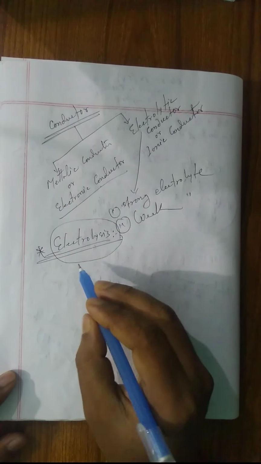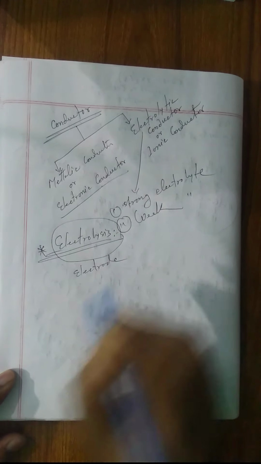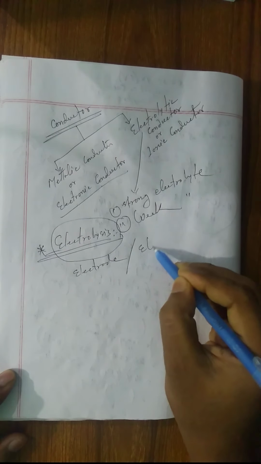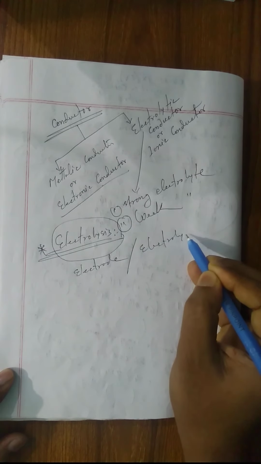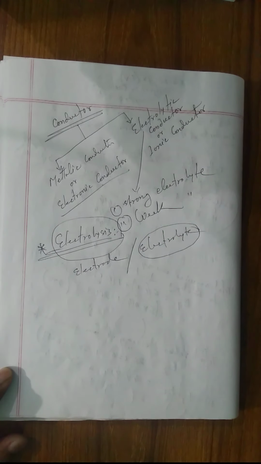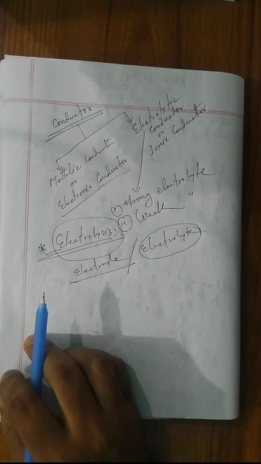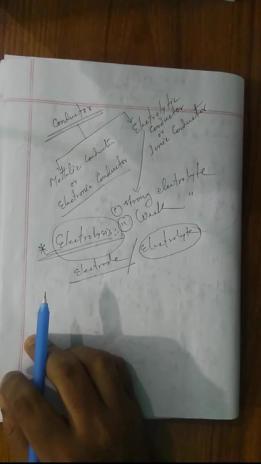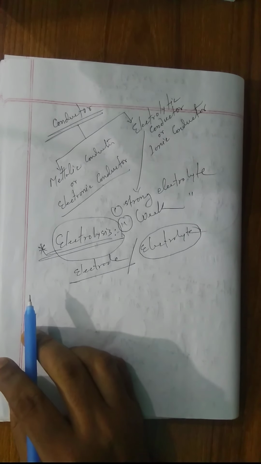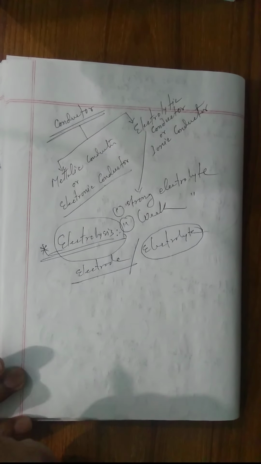So first, electrode and electrolyte. Already we have known about electrolyte, but what is electrode? The electrolytic cell in which a metallic or non-metallic conductor is immersed is known as electrode.